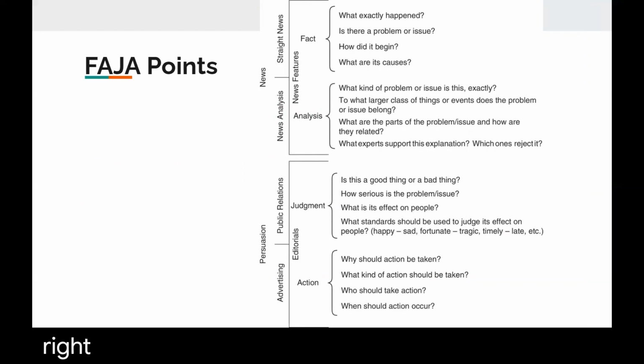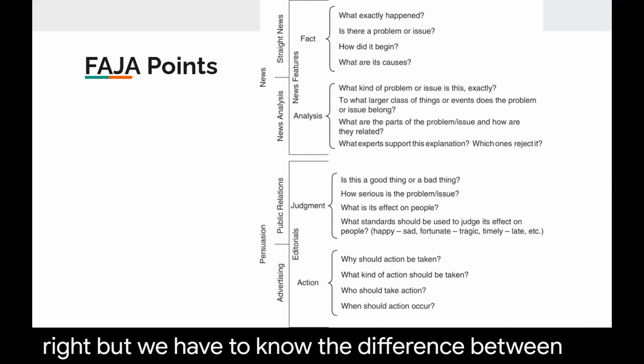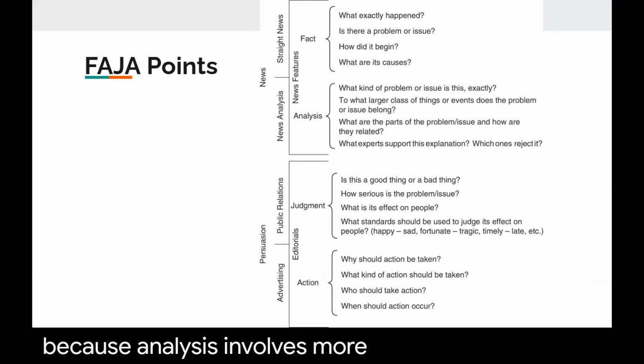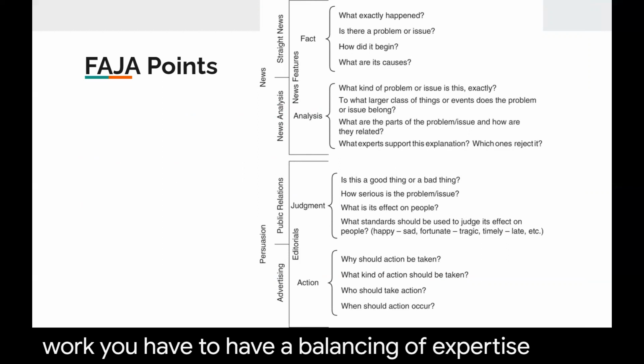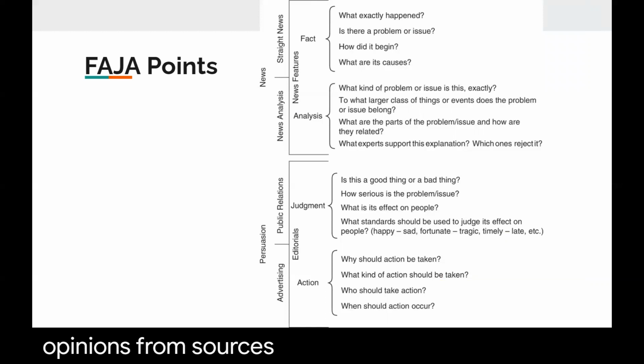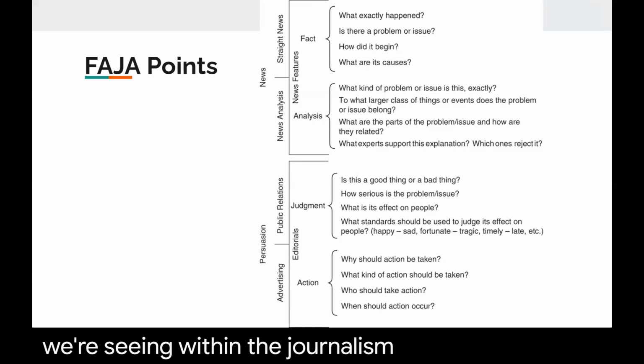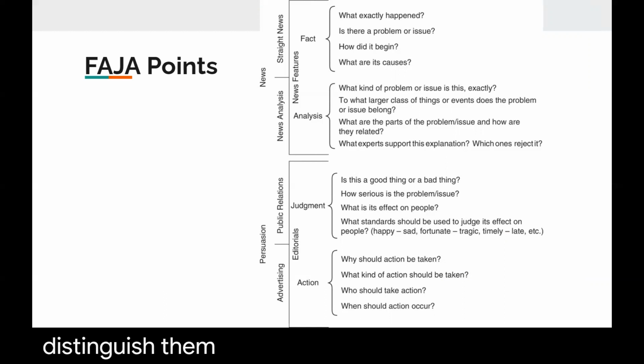But we have to know the difference between straight fact news and analysis news, because analysis involves more time, it involves more work. You have to have a balancing of expertise and opinions from sources. So these are primarily objective. It's just the level of in-depth coverage that we're seeing within the journalism pieces that really distinguishes them.